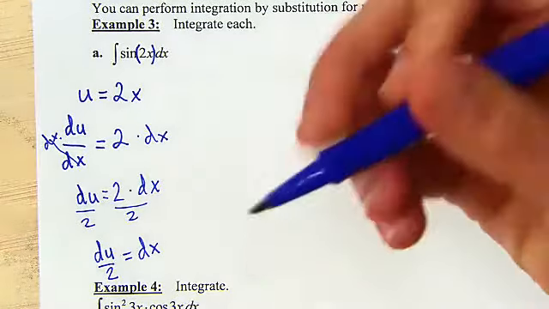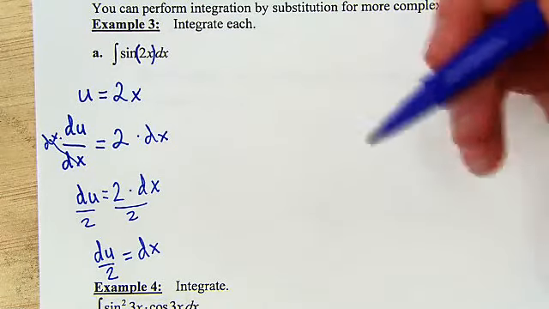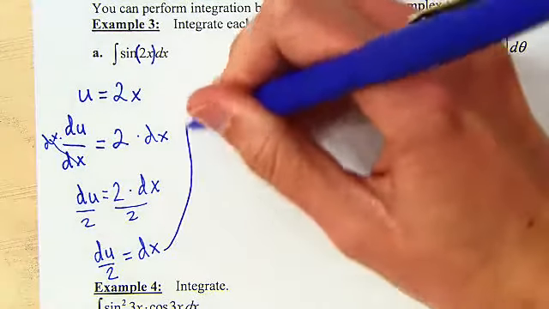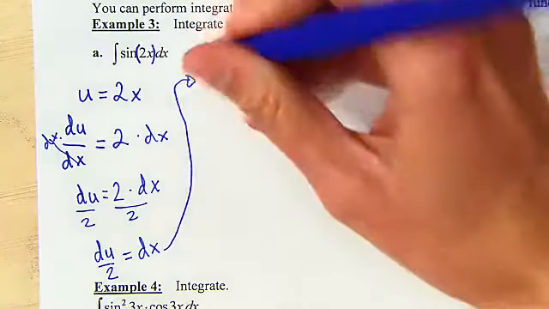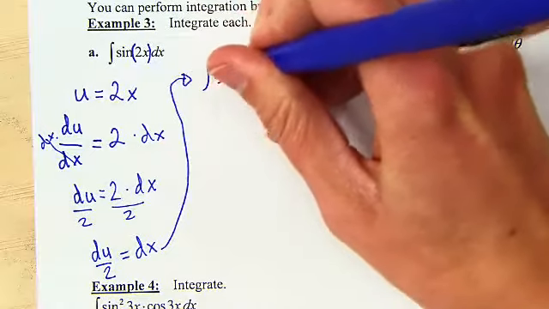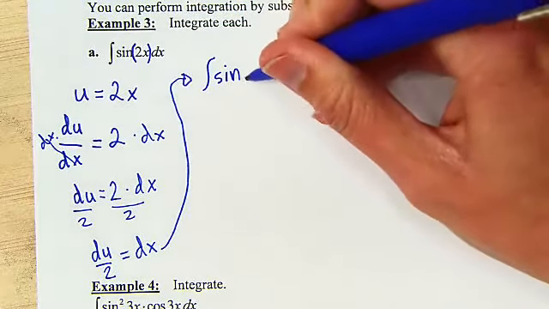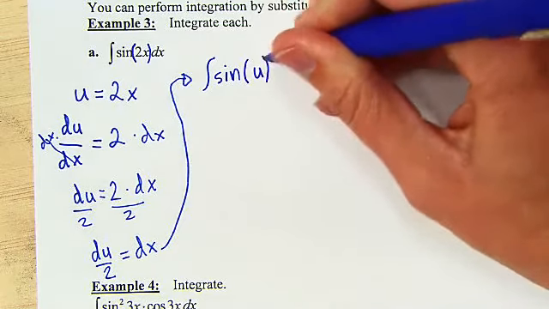So once you get your dx by itself, your next step is to rewrite that integral using u. So I have my integral symbol, and then it's sine of the 2x, but my 2x is u, so it's going to be sine of u.